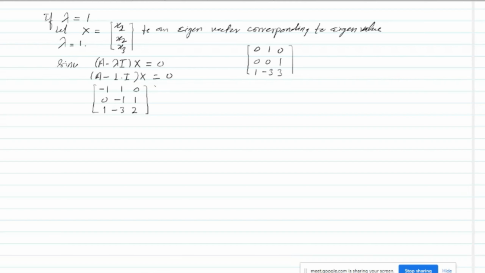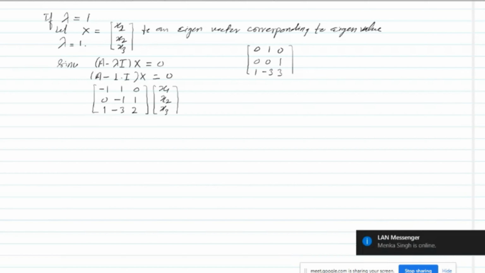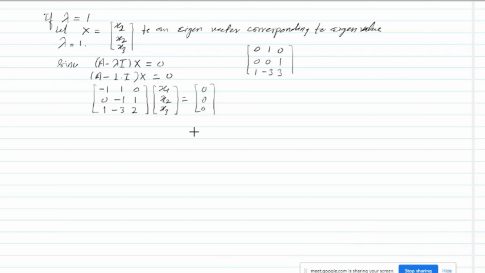And x is what? x1, x2, x3, and this is equal to 0 0 0. Now we have to find the rank of this matrix. So this is 0.